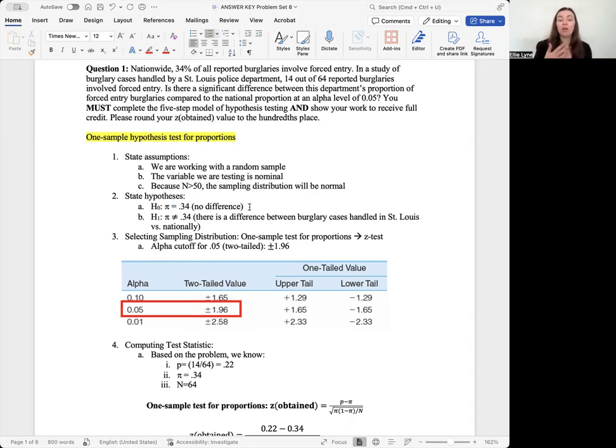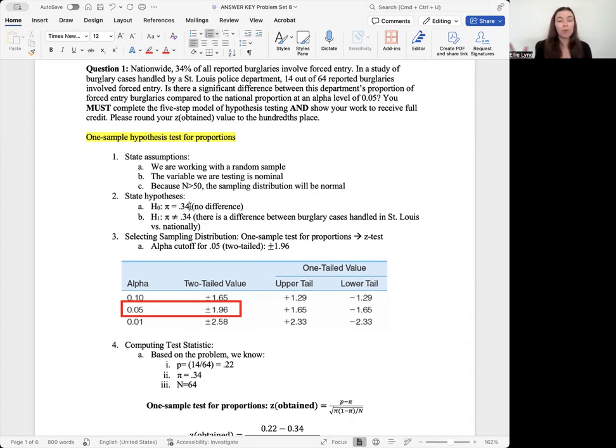Because this is comparing to a national population and we are doing population parameters, we are always going to be equaling our population parameter, which is our nationwide percentage of 34%. But again, since this is a proportion, we are converting that into 1. So 0.34.